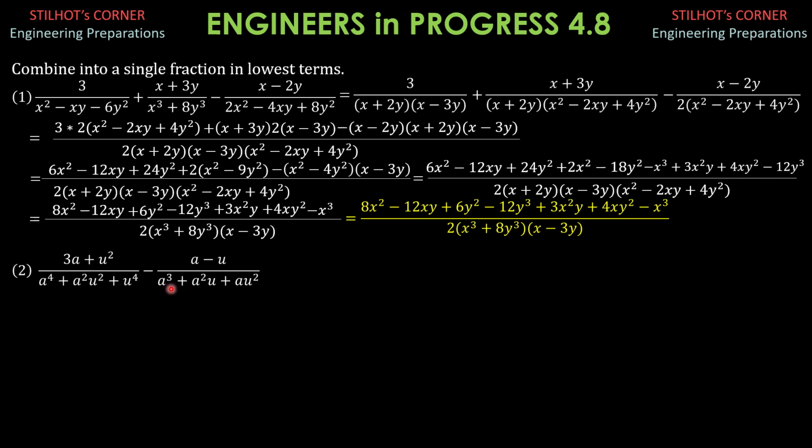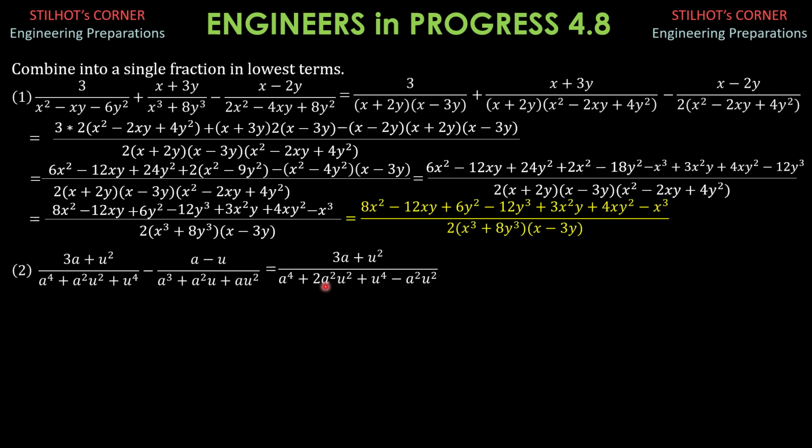In the denominator of the second fraction here, the common factor is a. So again, we transform this into a to the fourth plus 2a squared u squared plus u to the fourth, then minus a squared u squared. So equals quantity 3a plus u squared over a to the fourth plus 2a squared u squared plus u to the fourth, then minus a squared u squared.